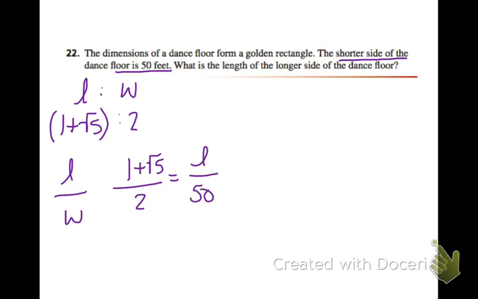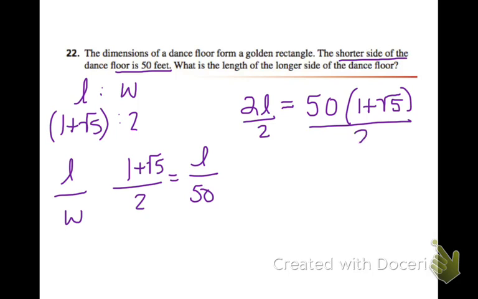So using cross multiplication, I get 2L is equal to 50 times 1 plus the square root of 5. Since I know I'm going to be dividing both sides by 2 to solve for L, I didn't distribute first because it would be much easier for me to simplify this to 25.